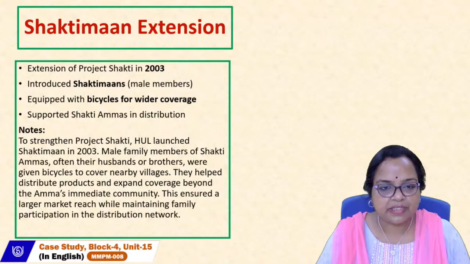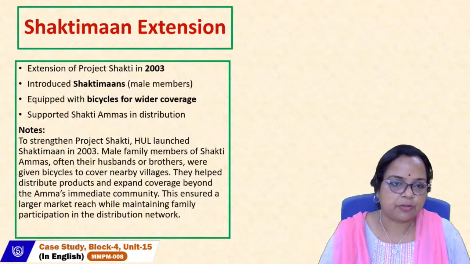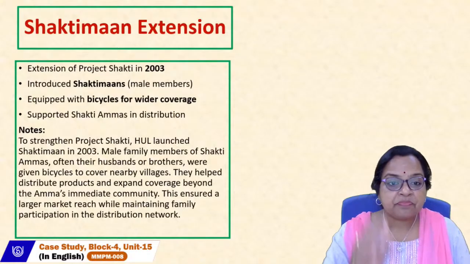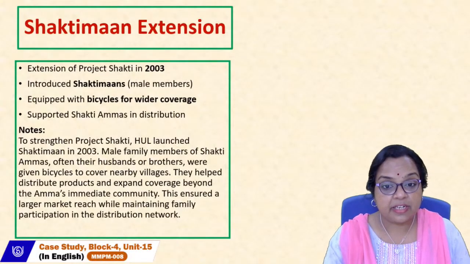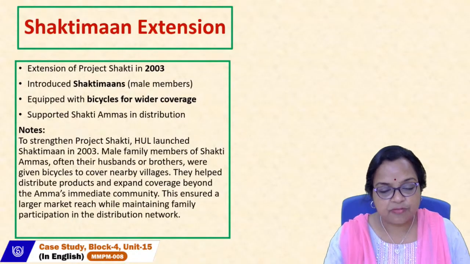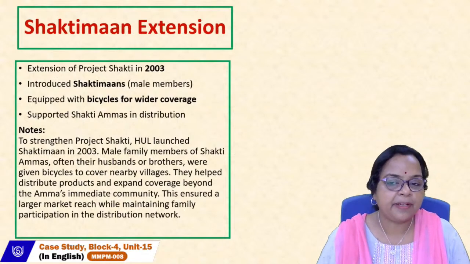The company provided them bicycles. They were known as Shaktimans, and they support the Shakti Ammas in distribution also. So this was an extension of Shakti Ammas where the male members were again brought into the distribution channel. This was a quite innovative project of HUL. So slowly you can understand the graph of understanding.